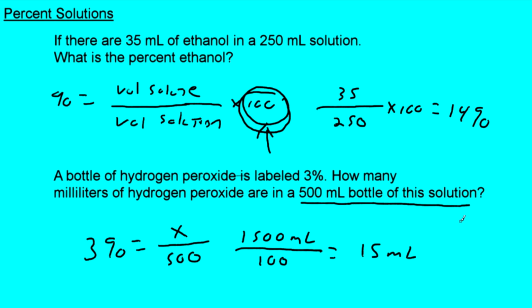And this makes sense. You could check it. You could take your 15 divided by your 500 here times 100, and you're going to get 3%.